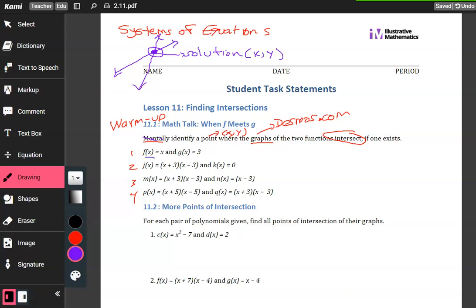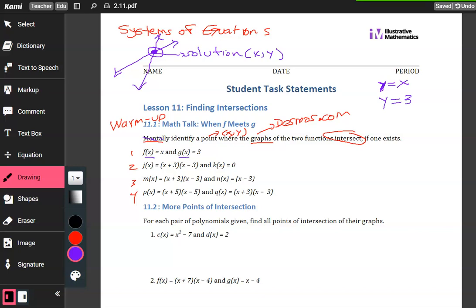One of them is called f of x, the other one is called g of x. Let me do my work over here. I could just replace f of x and put y equals x, and the second equation is y equals 3.